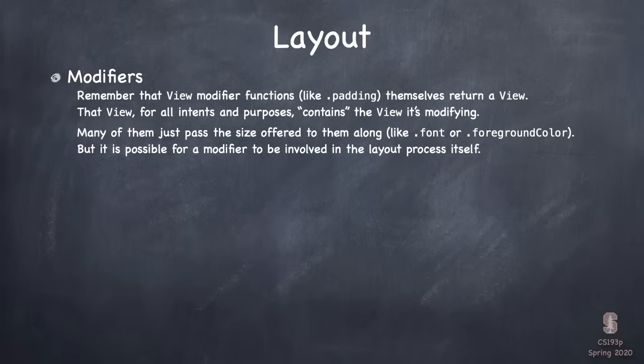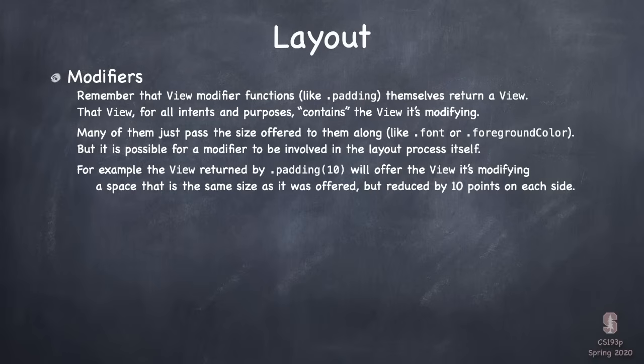What about these modifiers that actually participate in the layout process, like padding? Let's look at padding. The view that's returned by .padding, this modifier, it offers the view that it's modifying a space that's the same size as was offered to it, but reduced by 10 points in this case, whatever the padding is. If that 10 is not there, then it would be whatever system appropriate padding.